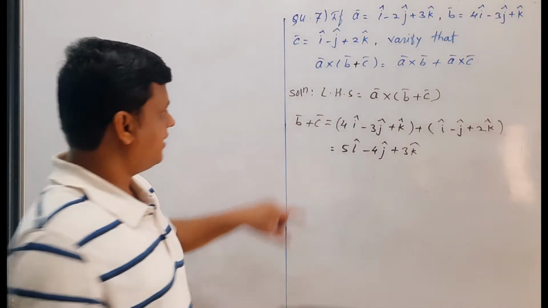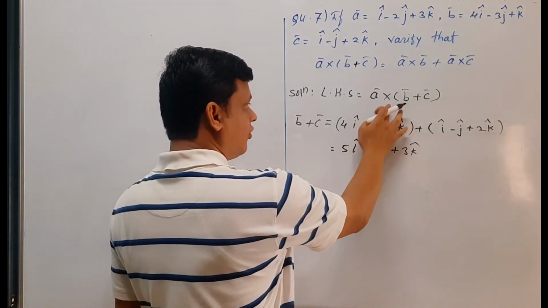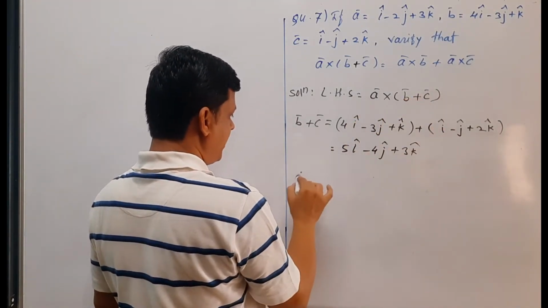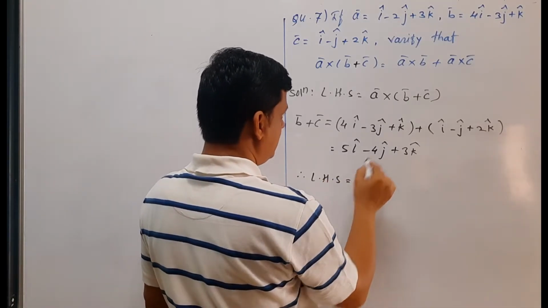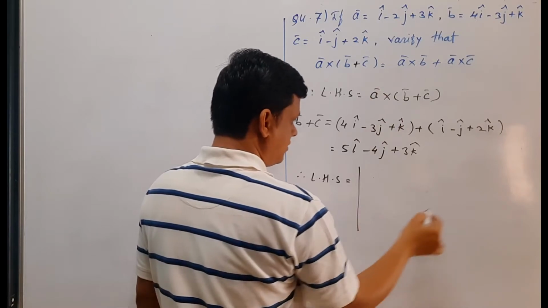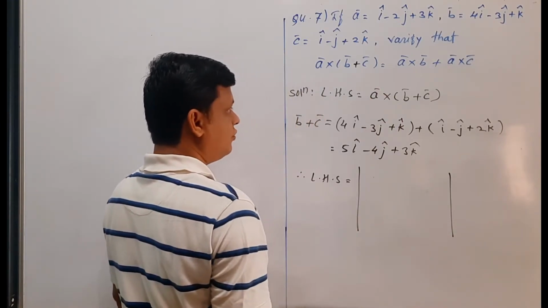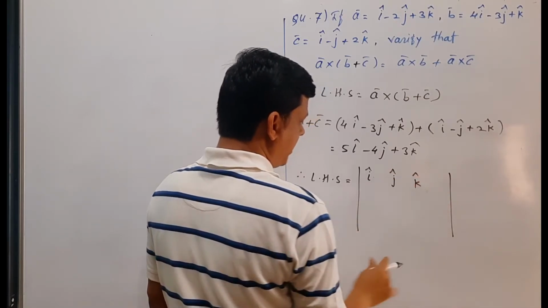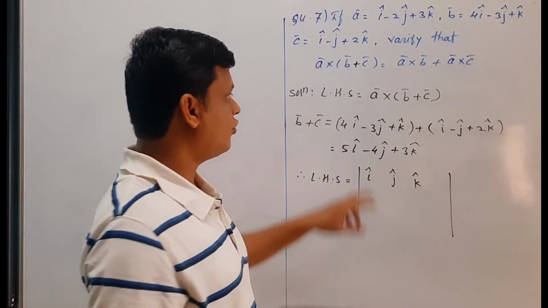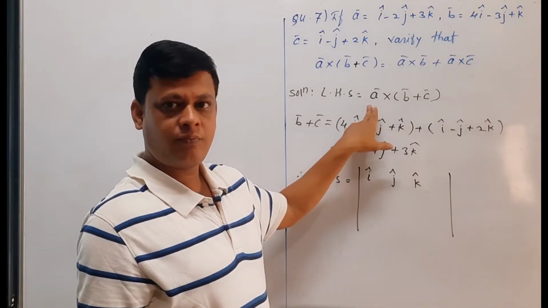Now we have to find a bar cross b bar plus c bar. So we write here LHS is equal to, in first row we write i j k, in second row we write the coefficients of i j k for the first vector.